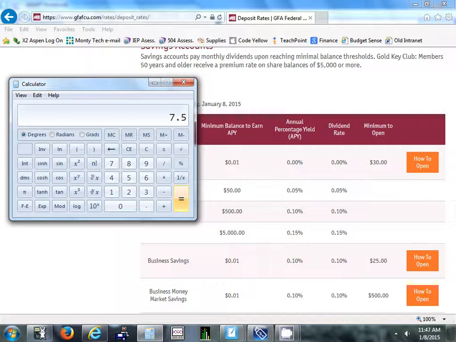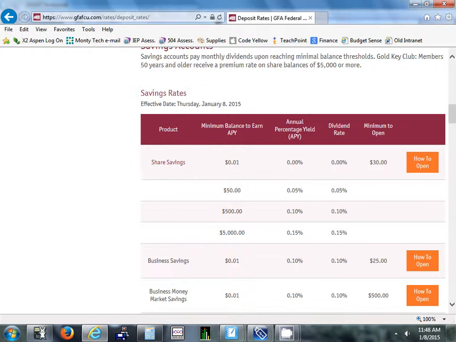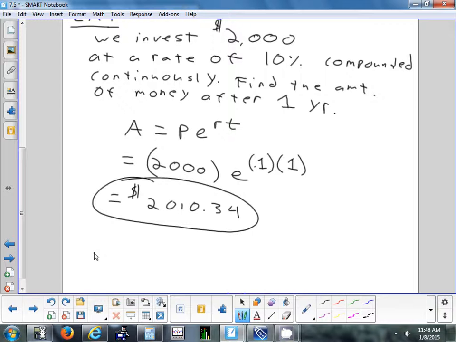So if you take $5,000 and invest it in the bank account at 0.15%, you'll basically make $7.50. Not that much. $7.50 after a year. So you want to know how much you make a day? You make about 2 cents a day, roughly. So not the best interest rates there, but that's probably pretty typical of most banks.